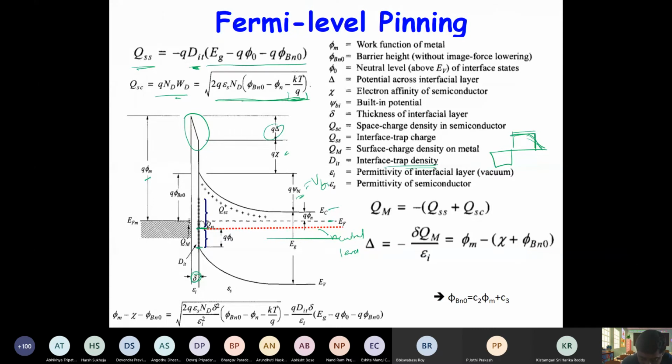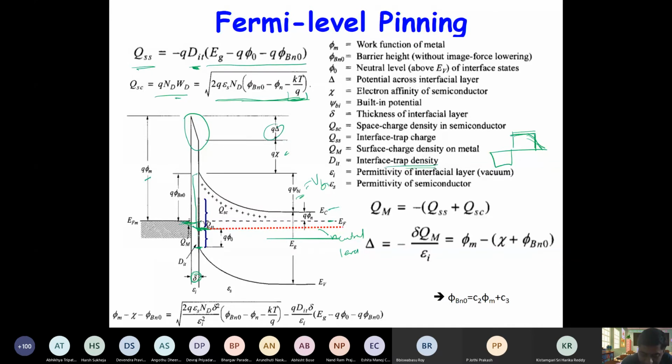Energy from the Fermi level in the metal to the conduction band, because these are filled. So if it is exactly at Q phi naught, this charge will be 0 because this is a neutral level. If it is above, then this will be negative charge. So it is written as basically Eg minus Q phi naught.